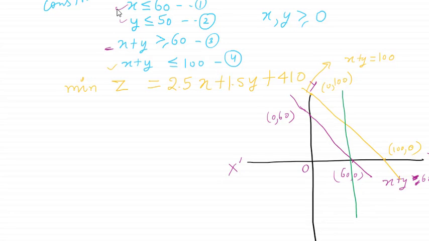This is x equals to 60. And then we have y is less than or equal to 50, so we have to draw another line, that is y equals to 50. So y will be somewhere here, less than that. So that is y equals to 50. So now if you find out the shaded region, the shaded region will come somewhere here.